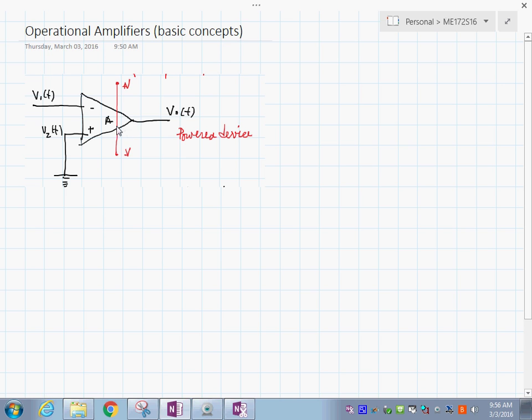So basically what we want to do is convert this voltage here into this one.